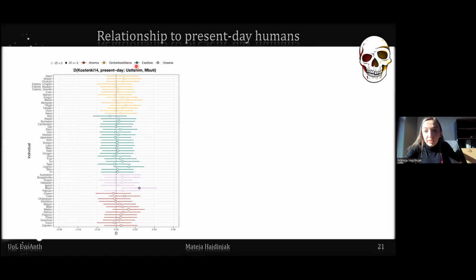And in the case of the previously sequenced 45,000-year-old individual called Ust'-Ishim from Siberia that I showed you before, what was interesting, and the same was the case for the 40,000-year-old Oase 1 individual from Romania, is that it doesn't seem to have contributed much or detectably to the later populations.